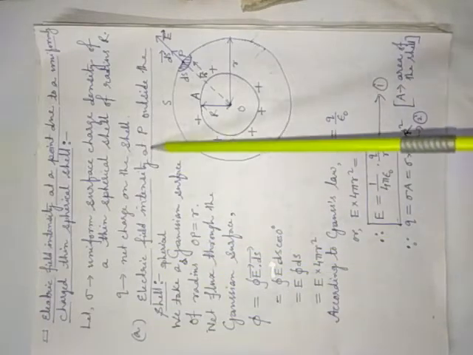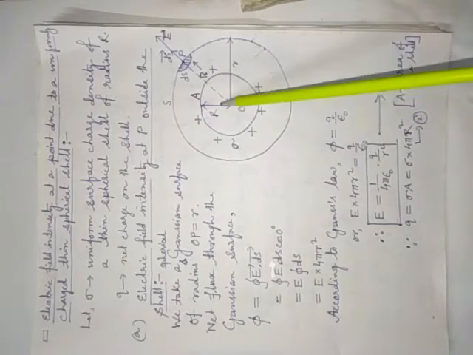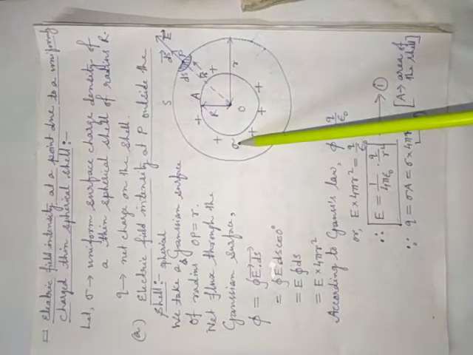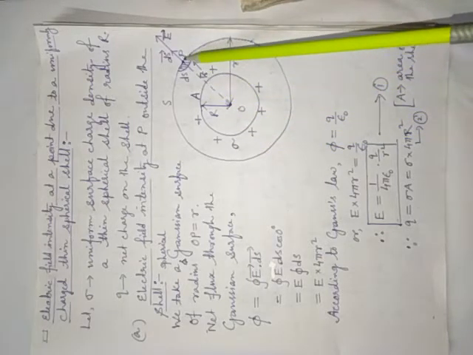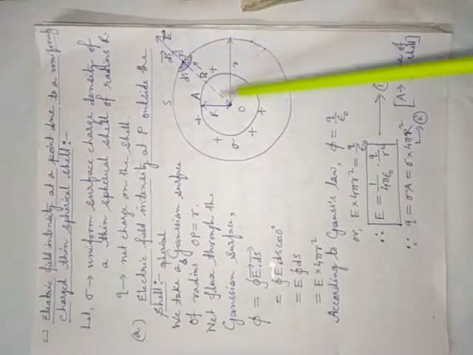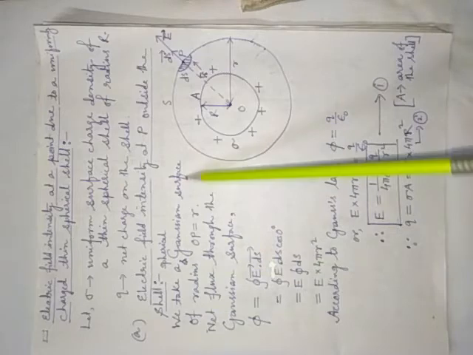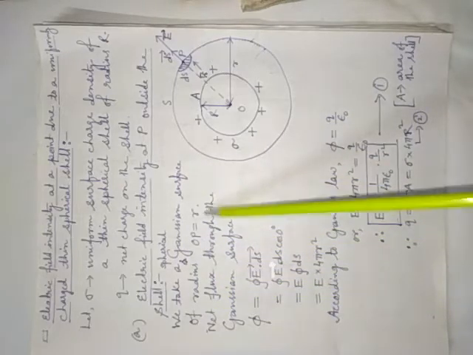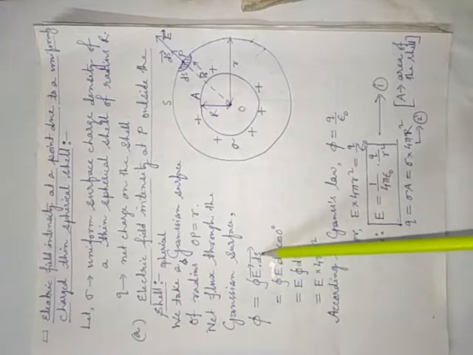Now see, electric field intensity E at a point P outside the shell. Suppose this is the spherical shell having radius capital R, surface charge density sigma. Now we have to calculate electric field intensity at point P outside the shell, which is at a distance small r. That's why I have written, we take a spherical Gaussian surface of radius OP equal to small r. Net flux through the Gaussian surface is phi equal to integration E vector dot ds.